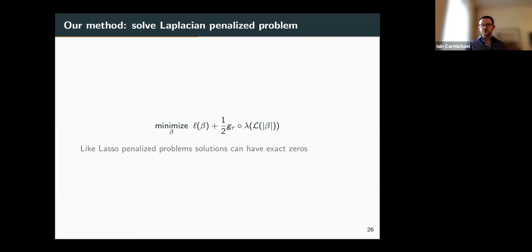To summarize, we're going to solve the following penalized problem. Take our loss function and add our Laplacian penalty on it. Our penalty function g is going to have some parameter tau, and tau is going to control the level of block diagonalness. Like lasso penalized problems, this penalty can give you exact zeros in its solutions.